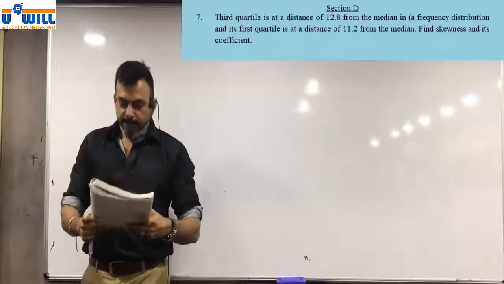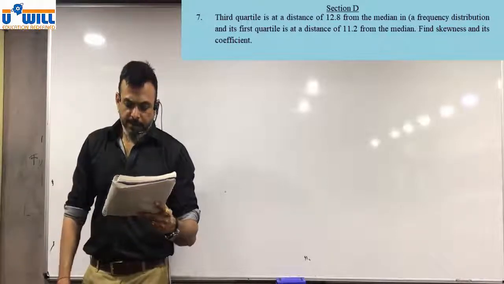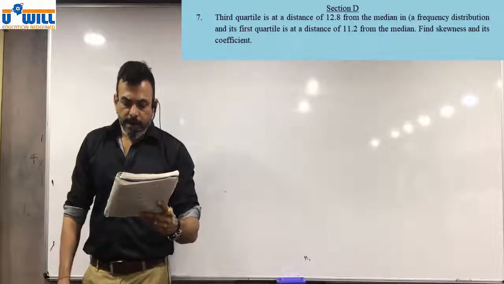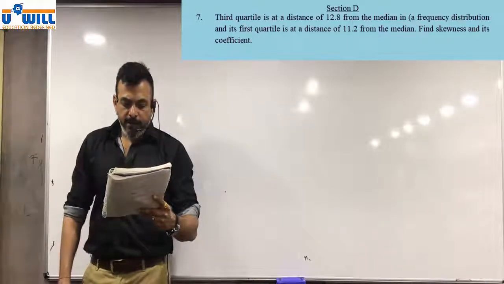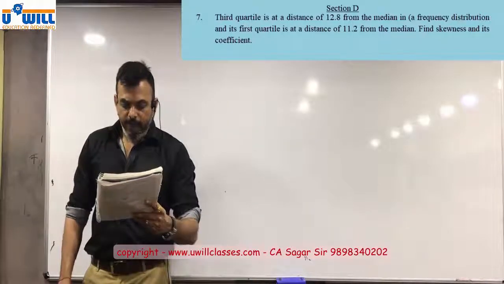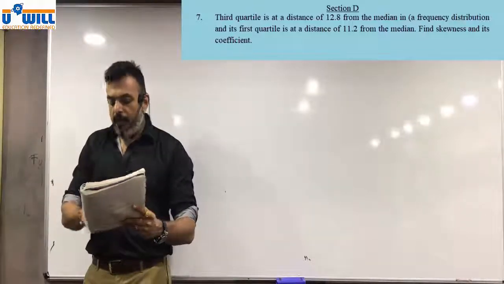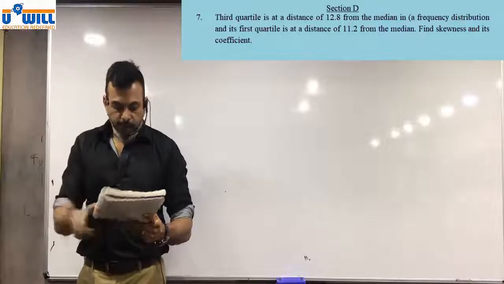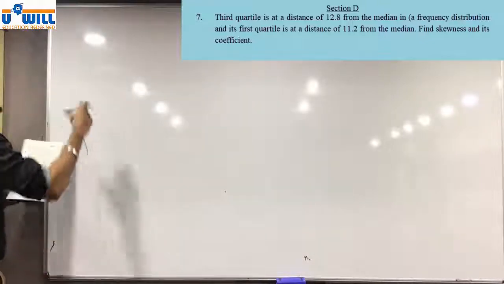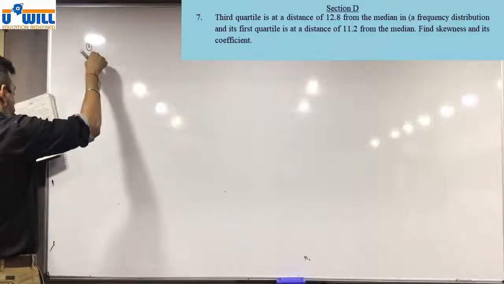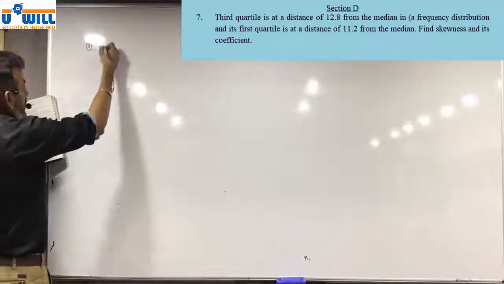Question number 7. The third quartile is at a distance of 12.8 from the median in a frequency distribution, and its first quartile is at a distance of 11.2 from the median. Find skewness and its coefficient. First of all, let's write. The third quartile is at a distance of 12.8 from the median.